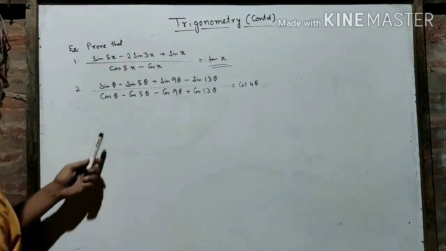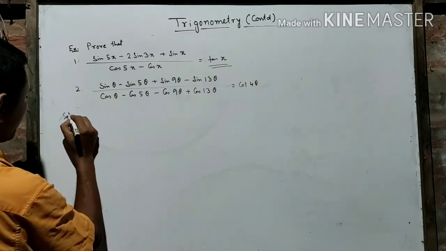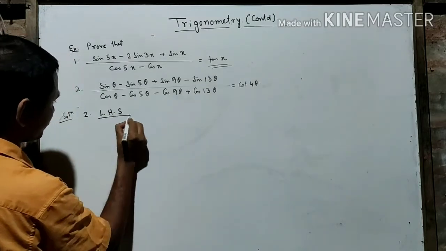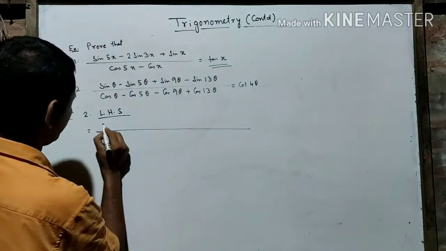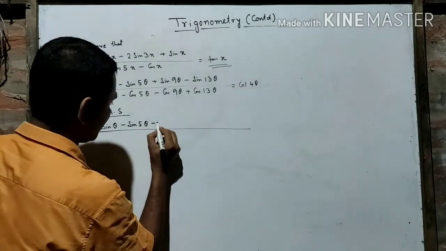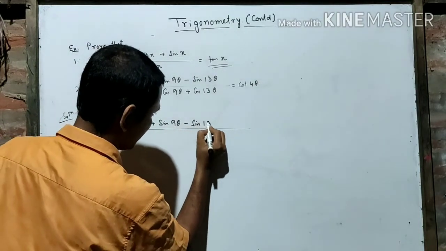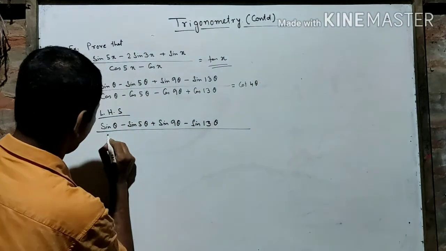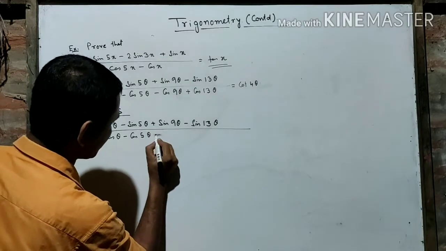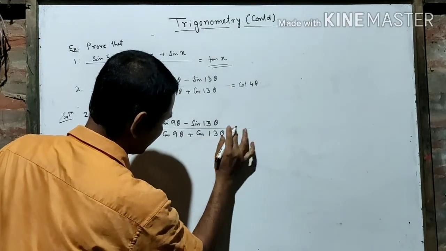We will see. Now, this is the standard type. Number 2. We will solve the number 2 first. Okay, we start with the left hand side. Sin theta minus sin 5 theta plus sin 9 theta minus sin 13 theta divided by cos theta minus cos 5 theta minus cos 9 theta plus cos 13 theta.